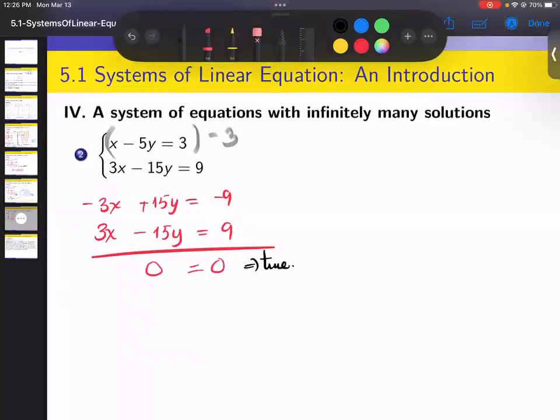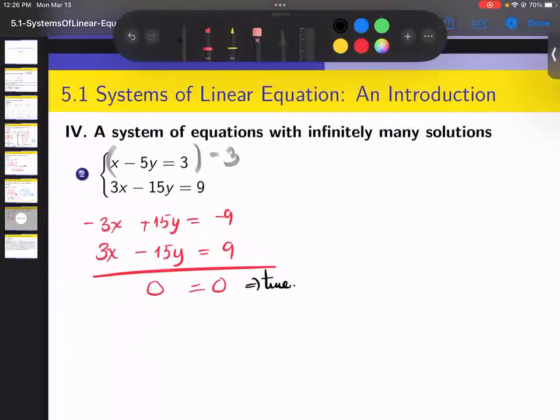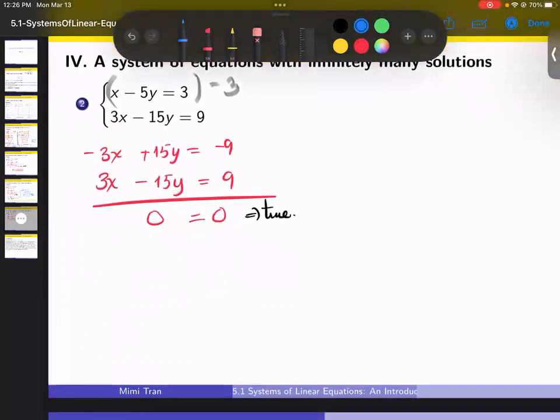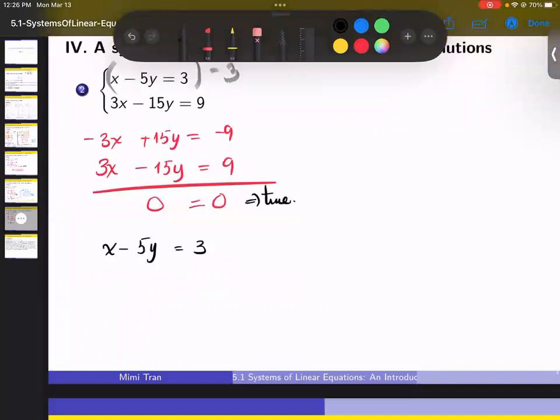Next, I'm going to pick one of the equations and solve for one of the variables. It doesn't matter which one. Pick something simple. So I'll pick the first one, x minus 5y equals 3. I'm going to solve for x. If you want to solve for y, that's fine. There's nothing wrong with it.